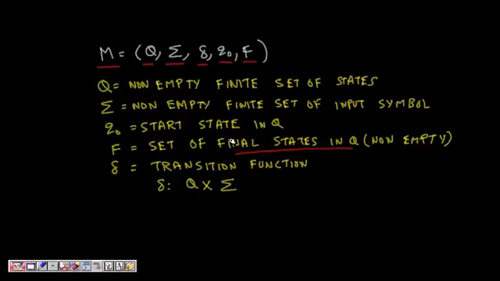So what is the transition function? The transition function takes two arguments: first the state and then the symbol, and based on that it decides which other state we go to.